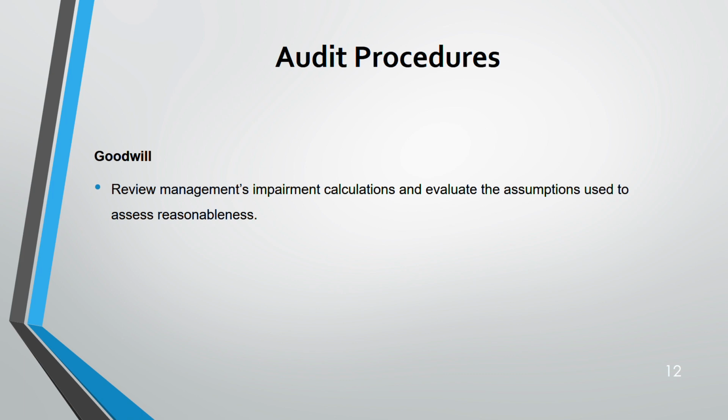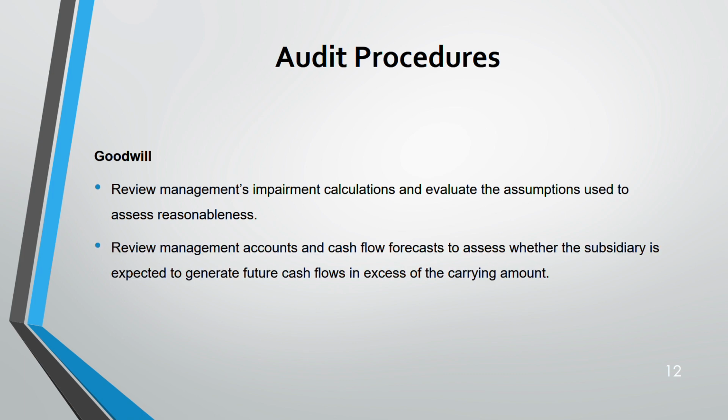So review management's impairment calculation. And remember, whatever is based on estimate, you have to evaluate the assumptions. All the estimates are based on some assumptions. Those assumptions you have to evaluate. So impairment is also based on estimate, so you have to evaluate the assumptions to assess the reasonableness. What's next? Cash flow focused.